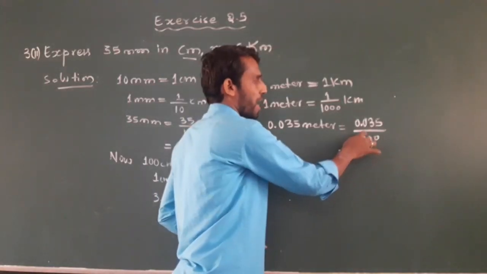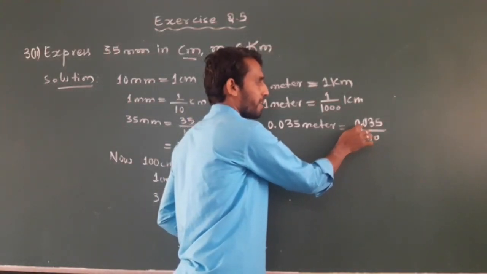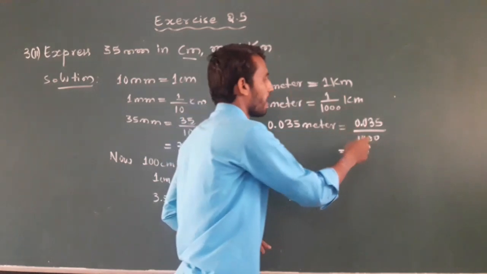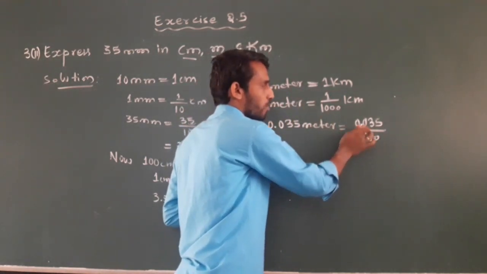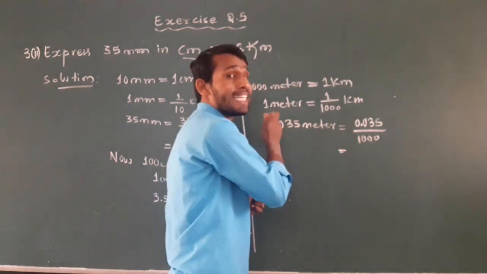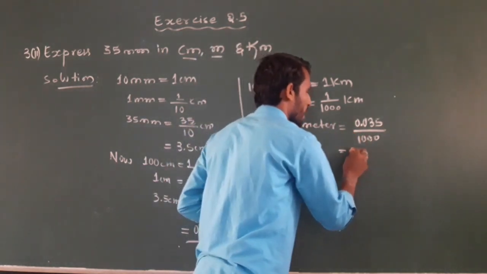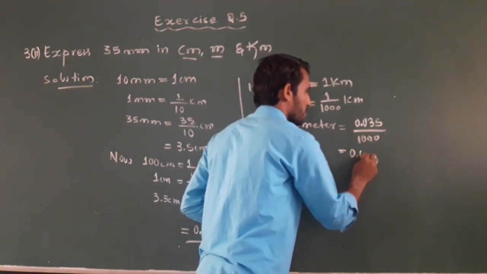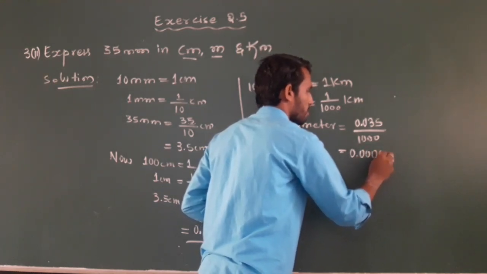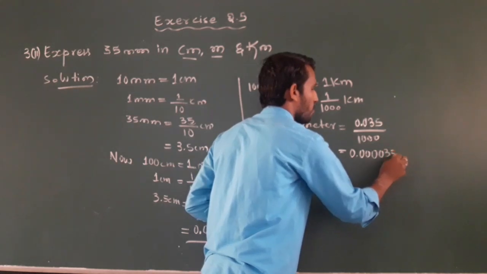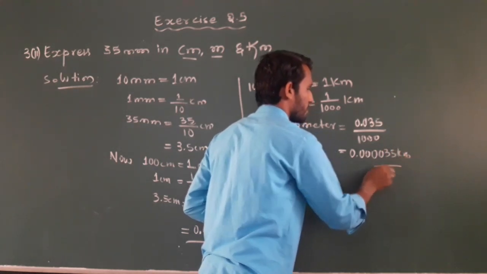Now we have 3 zeros. We have to shift this decimal point after 3 numbers, to the left side, 3 numbers. When we shift, we get 0.00035 kilometer. This is the solution.